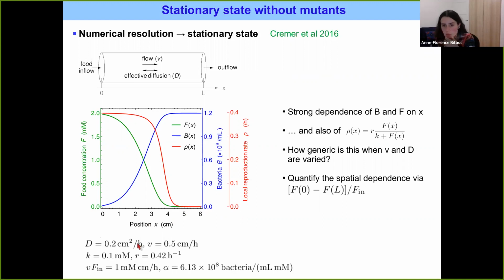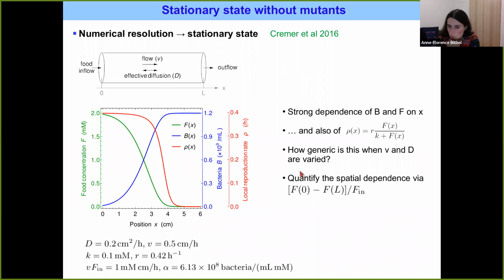But of course, this is plotted for a given choice of diffusion coefficient, velocity, and also the other parameters. And we may ask how generic these very steep dependencies of the profiles are when we vary velocity and diffusion values.